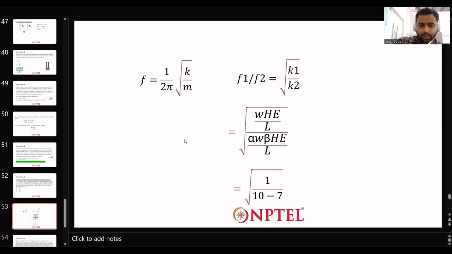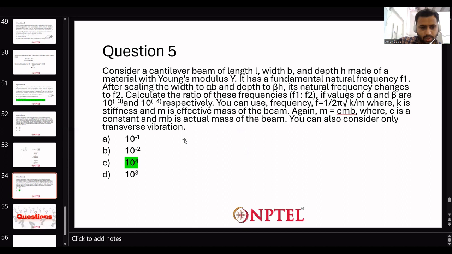Then we substitute it. We can cut all the other constants, and we are left with only the scaling factors. From that we find that the final ratio will be 10 raised to 4.